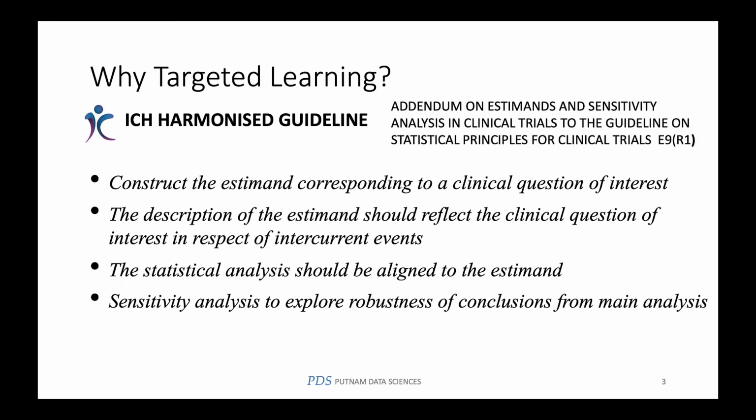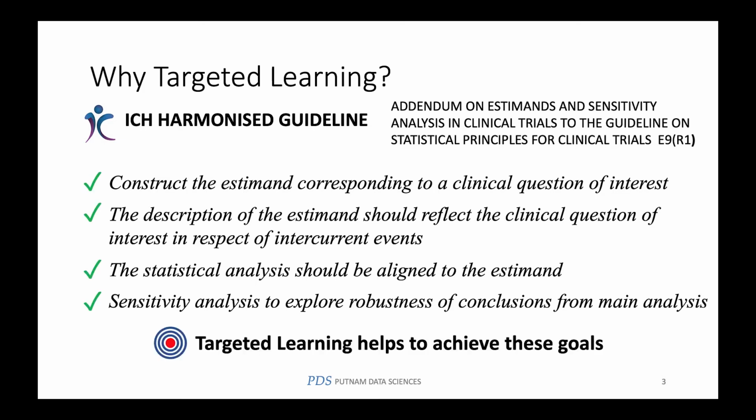The guideline tells us to construct the estimand corresponding to a clinical question of interest. The description of the estimand should reflect the clinical question of interest in respect of intercurrent events. The statistical analysis should be aligned to the estimand, and sensitivity analyses should explore the robustness of conclusions from the main analysis. And I hope to show you today how targeted learning can help to achieve these goals.